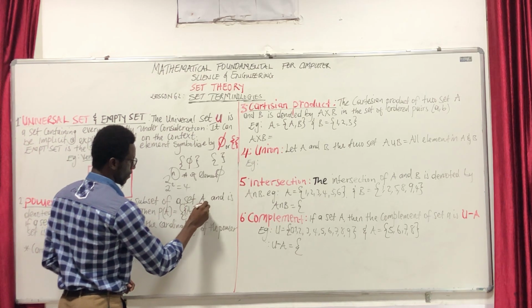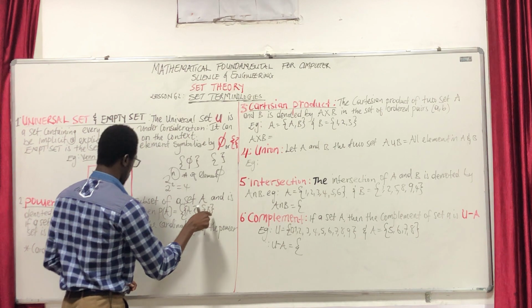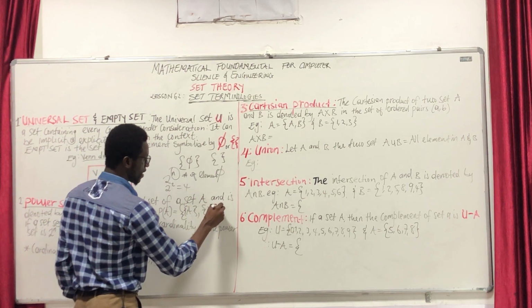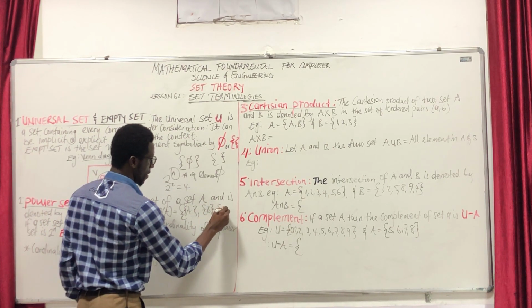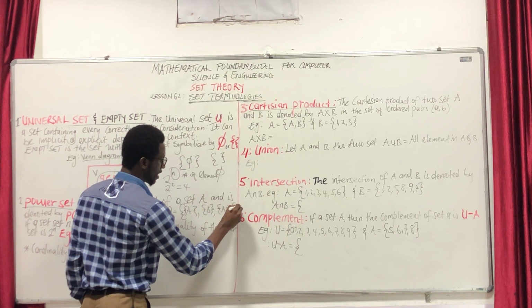We have B. Then we have AB, A comma B. Then the last one, we have the empty set.